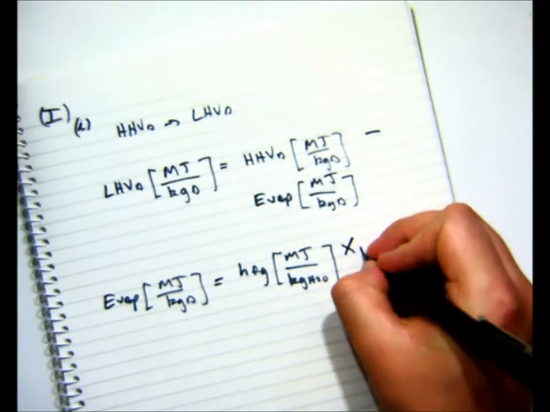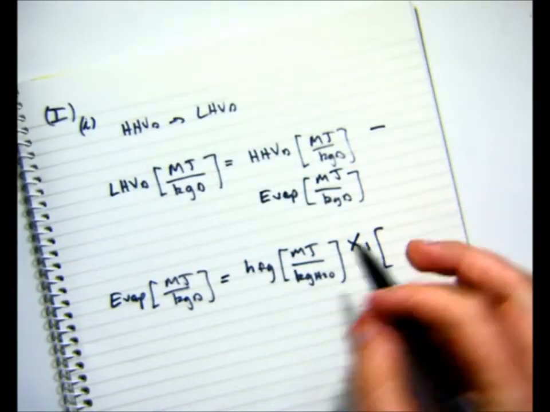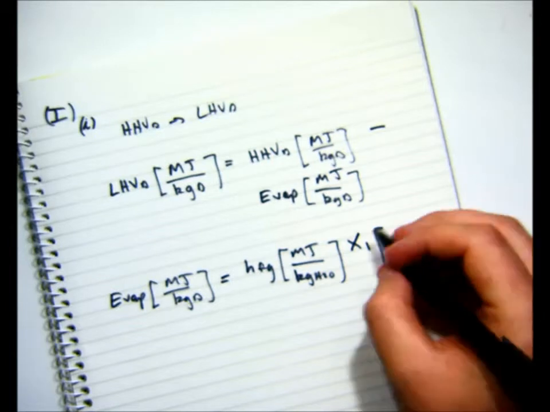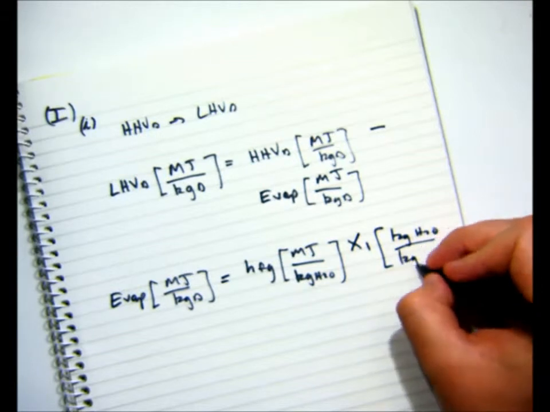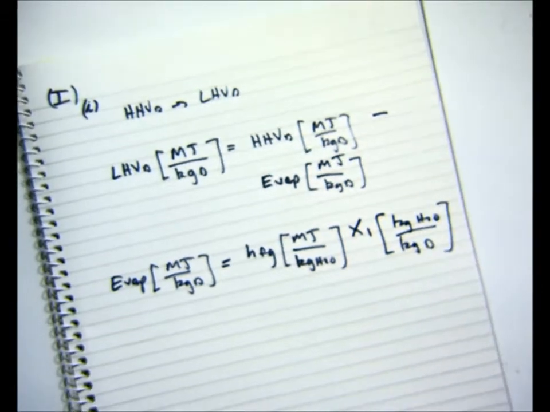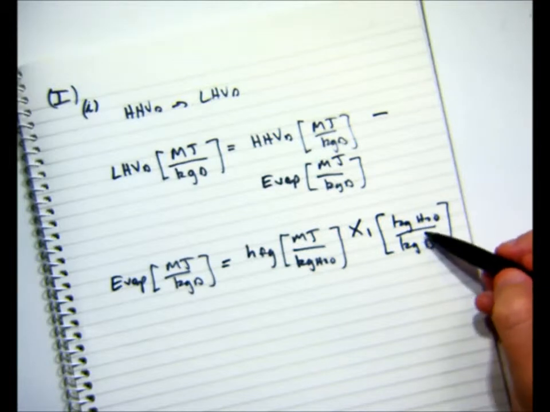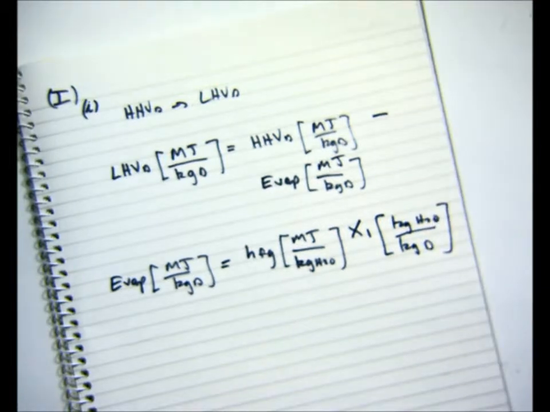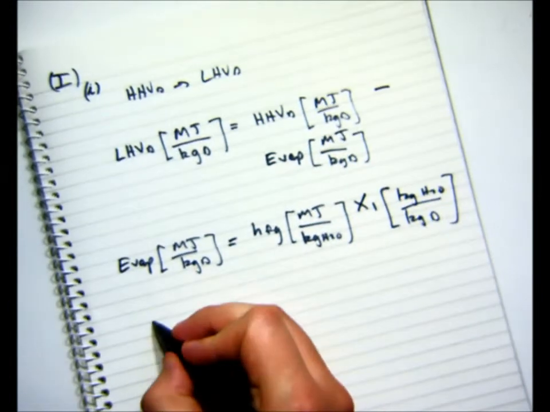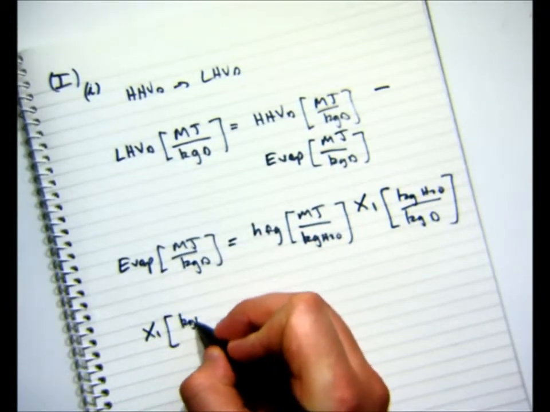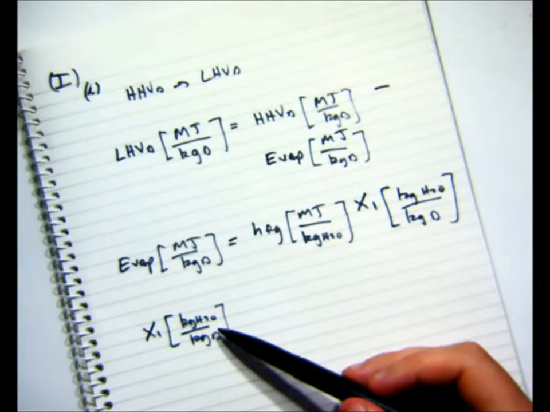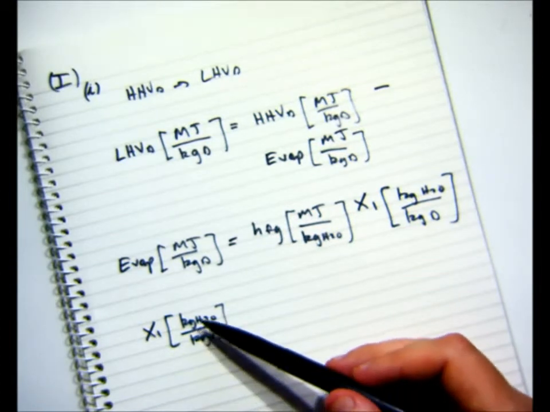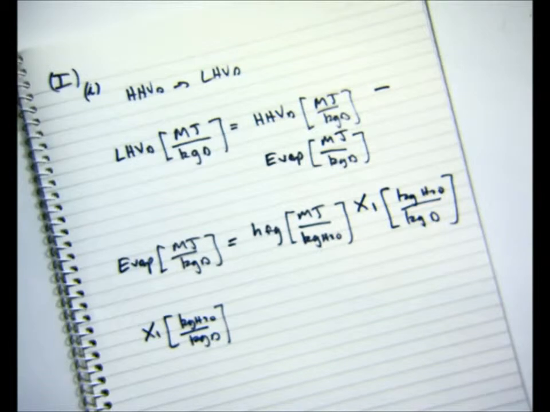So I can see, just by having dimensional consistency, I need some term, I'm going to call it x1, which will have units of kilogram H2O per kilogram dry. But I'm not really sure what this represents yet either, so I'm going to have to break it down a couple more steps. So let's just have a think about this for a second. We're looking for some term that tells you how much water is associated with the combustion of one unit of dry wood.